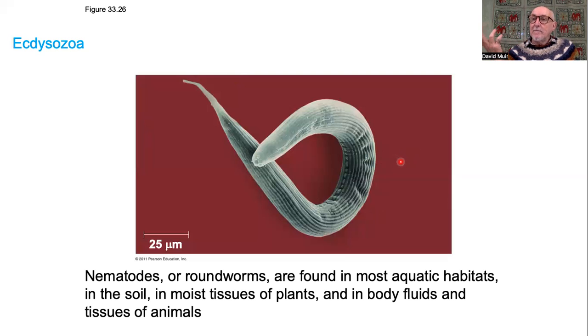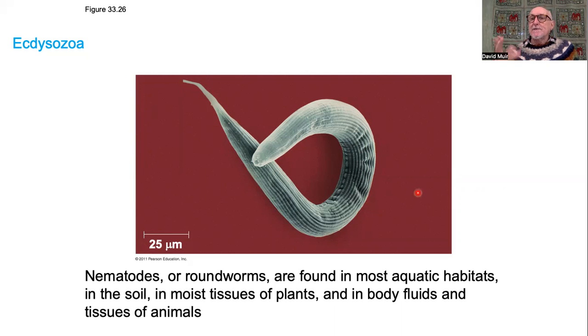They vary from being very, very small, microscopic, to being extremely large. Some of the nematodes may be feet long. They occur in a huge range of habitats, marine, freshwater, soils, and there are many, many which are parasitic on both plants and on animals.